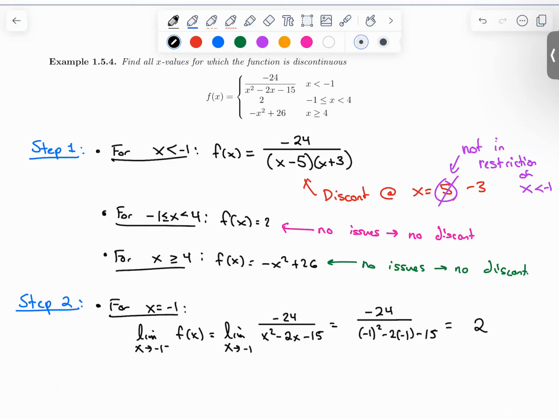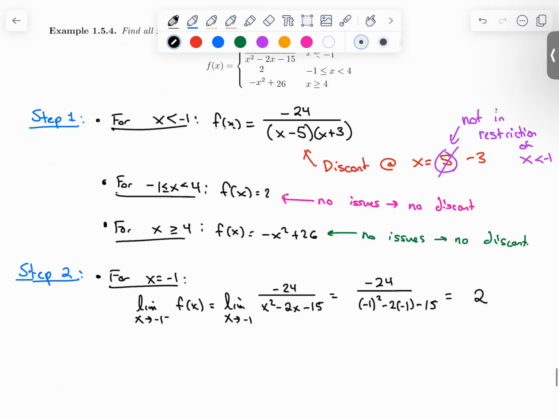As a reminder, I was able to plug this number straight in because I knew from my factorization in part 1 that -1 wasn't going to be an issue. I wasn't going to be dividing by 0, so I could just plug it in and drop the limit sign.